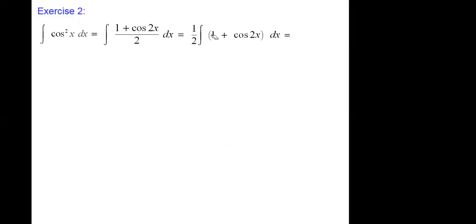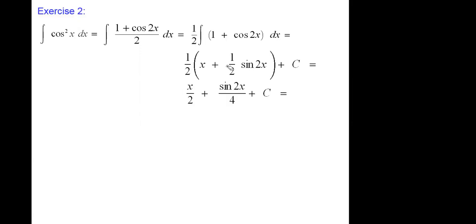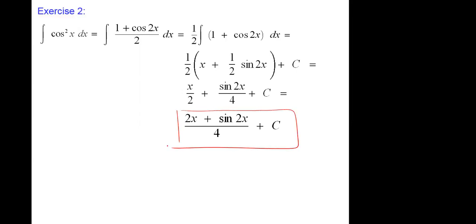And again, integral of 1 dx is x. Integral of cosine 2x is sine of 2x over 2. And the same process, I did distribute 1/2 and get the common denominator. But please remember, for the even exponent, we're using the half-angle formula.